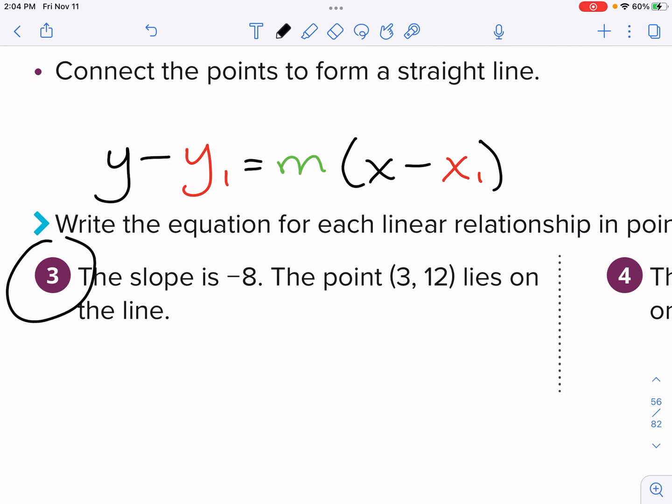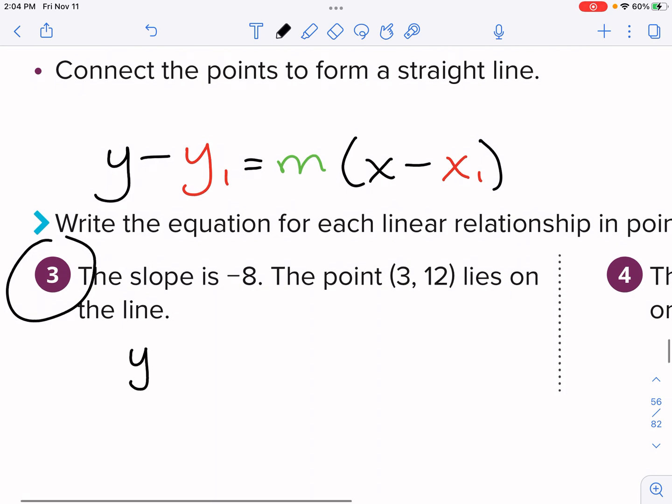So the first part of this, I'm going to put y minus, and I'm going to replace it with y1. Now looking at our information, it says the slope is -8, so that's m. And the point (3, 12) lies on the line. So the point 3, that's x1, and 12 is y1, right?